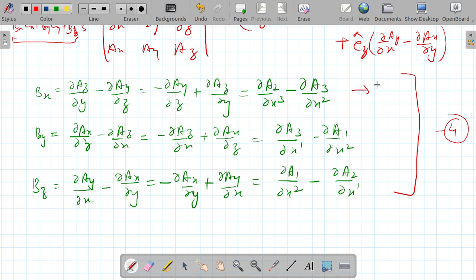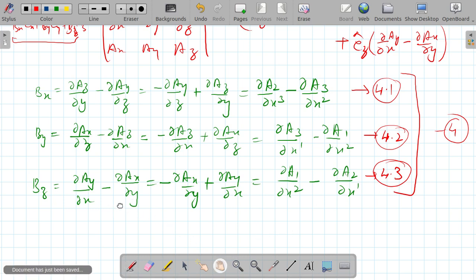Let me call these 4.1, 4.2, and this equation 4.3. So now I will define a 4-tensor.